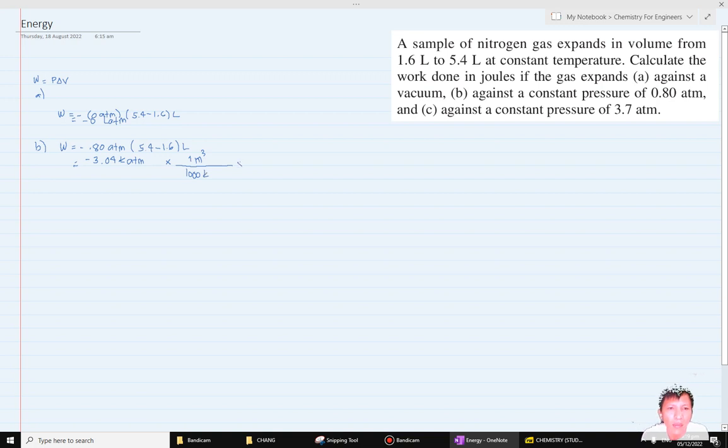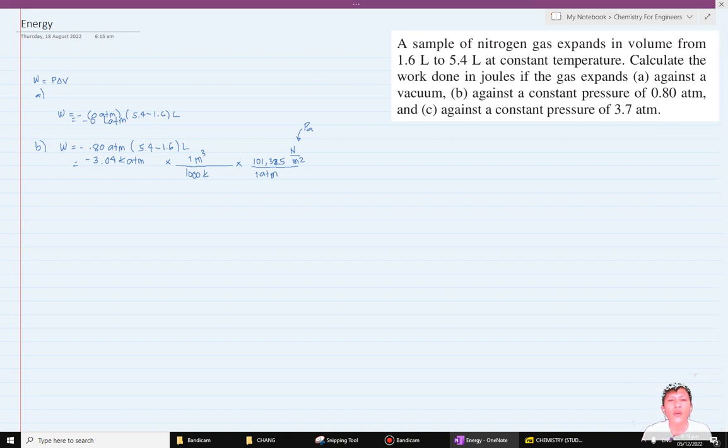And for ATM, I think for every 1 ATM there is 101,325 Pascal. Pascal is Newton per square meter, a unit of pressure. You could just look it up in your calculator, it's a constant number, I think constant number 25, conversion of ATM to Pascal.